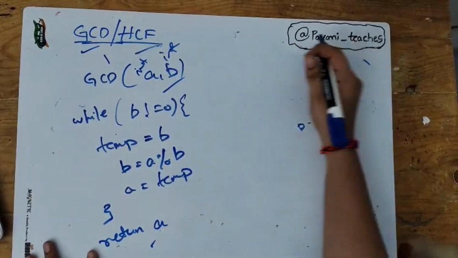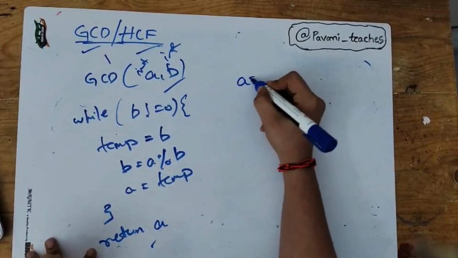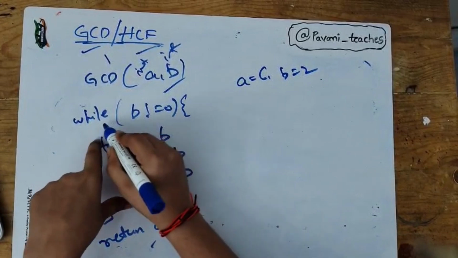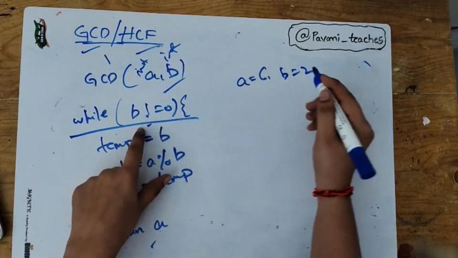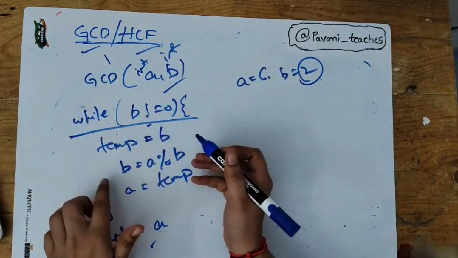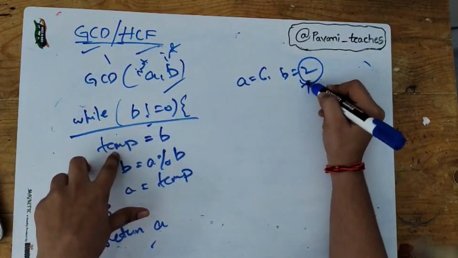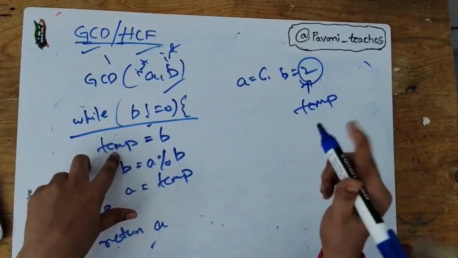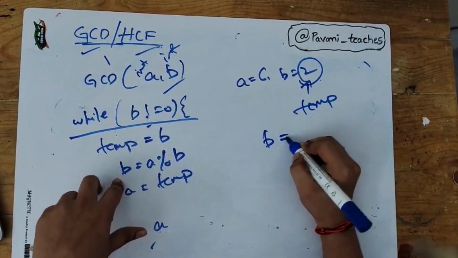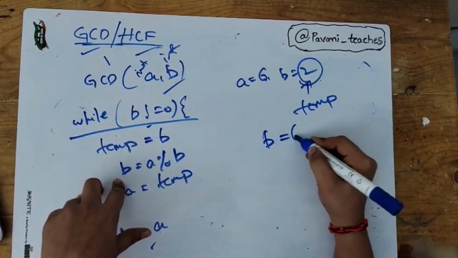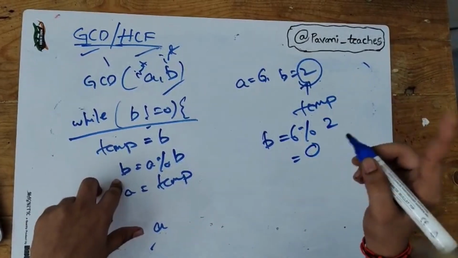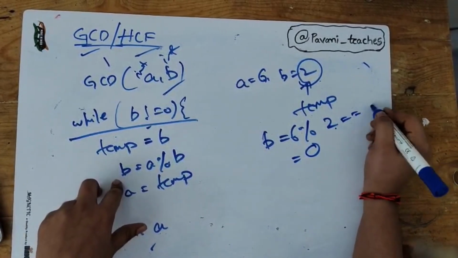Now I'll explain the iteration part by taking an example. If I take a equal to 6 and b equal to 2, it will check this condition, whether b is not equal to 0 or not. Yes, as b equals 2, it is true, so it will go inside the while loop and store this b value in a temporary variable. Then after storing the value of b, it will perform the operation b equal to a modulo b, here a is 6, 6 modulo 2, which is equal to 0. 6 divided by 2 will give the remainder 0.